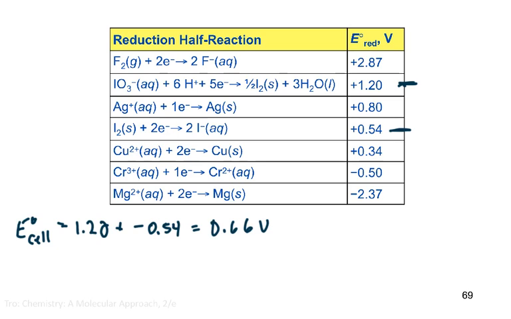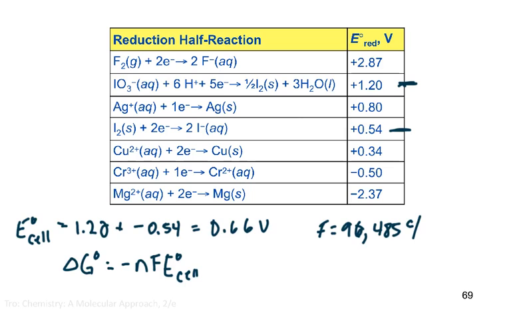Then if we go back a slide, we can find that our delta G under standard conditions is negative n times F times our cell potential. Our Faraday's constant, again on the previous slide, is 96485 coulombs per mole of electrons.